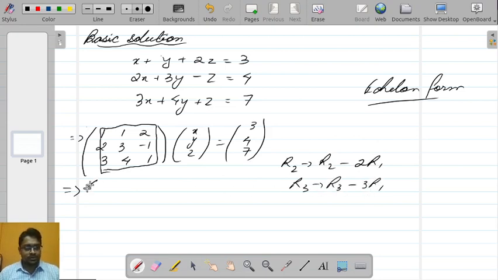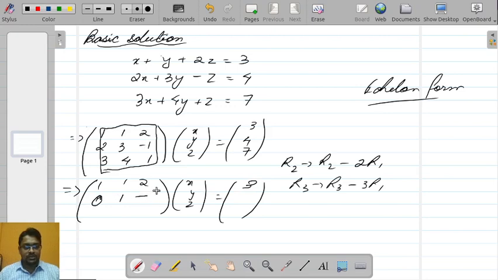We have to apply the operations on both sides. So here it's 0, 3 minus 2 into 1 is 1, minus 1 minus 2 into 2 is minus 5, and for R3 minus 3 into R1 it's 0 1, and again minus 5, and on the right side 4 minus 2 into 3 is minus 2, 7 minus 3 into 3 is again minus 2.